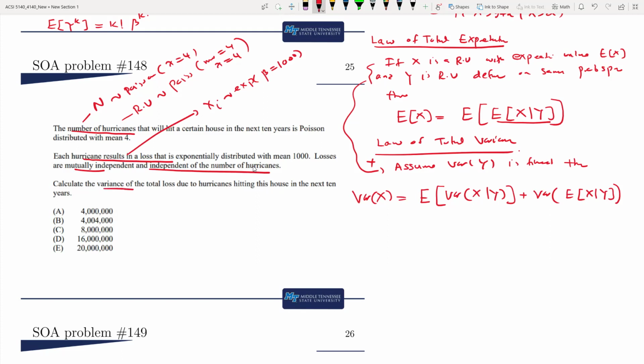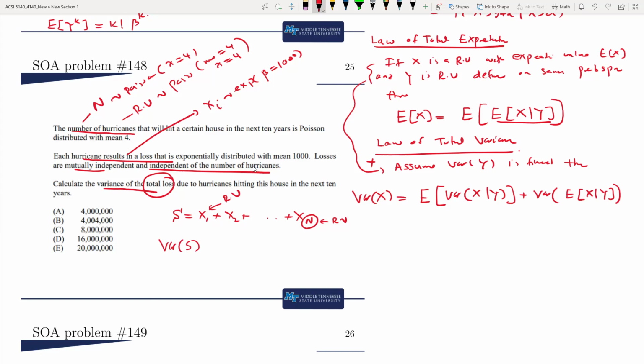So calculate the variance of the total loss. Let's write the aggregate loss. S is going to be x1 plus x2 plus up to xn. Here you can see n is a random variable, so the aggregate loss is actually random, and each xi is also random. So I want to get the variance.